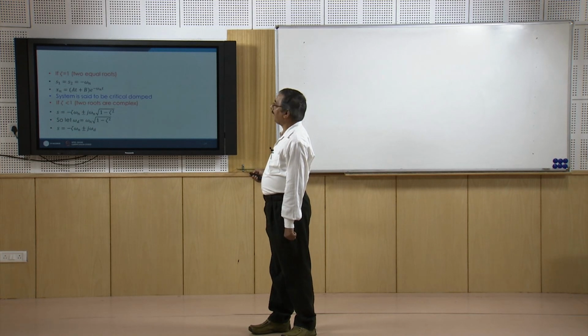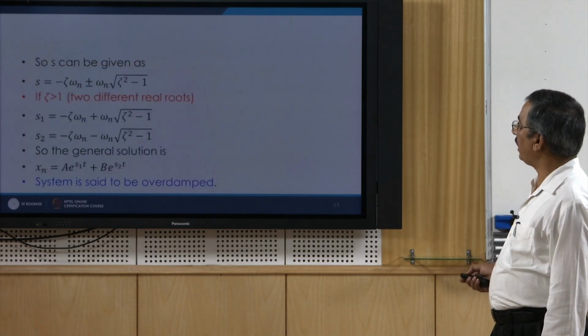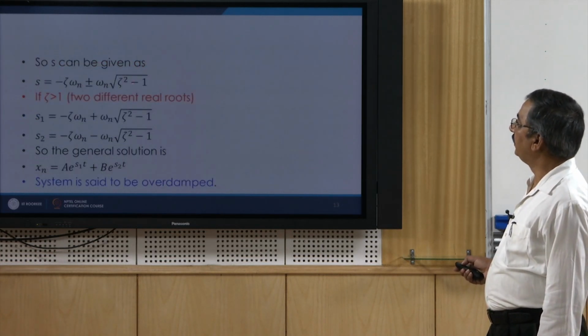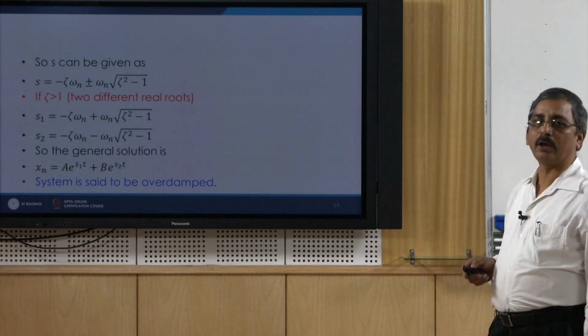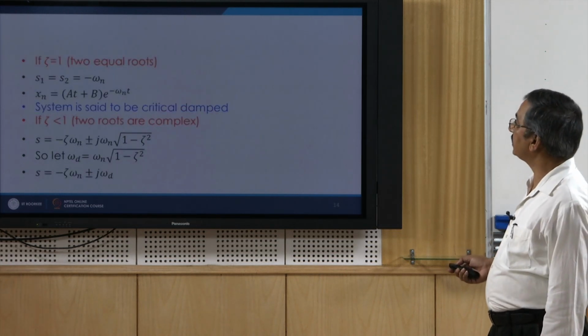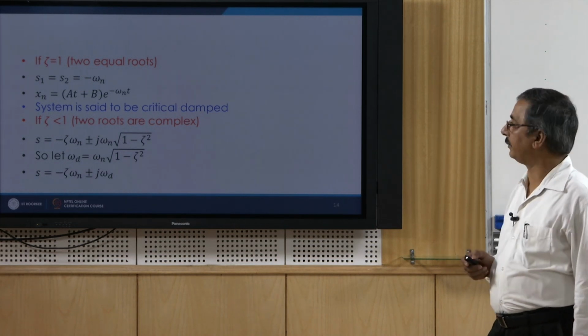Now, we can have another case when zeta is equal to 1. So, if zeta is equal to 1 in this equation, then this term is going to be equal to 0. So, you are going to have two equal roots of minus omega n, because I am substituting zeta is equal to 1 there.